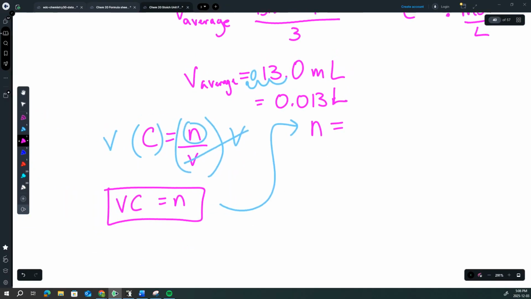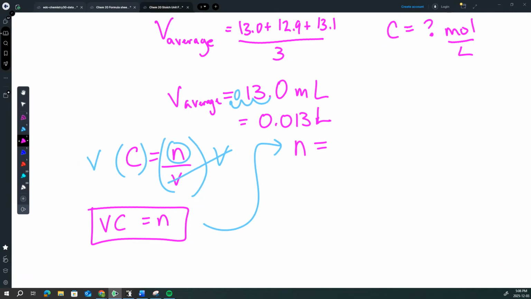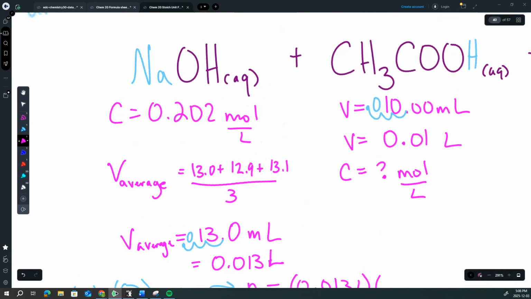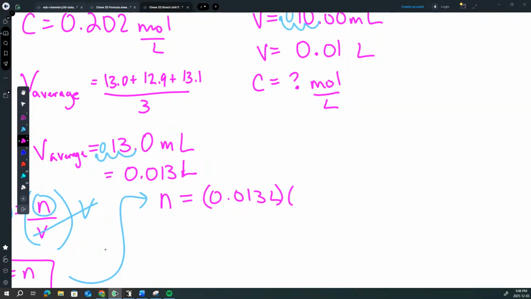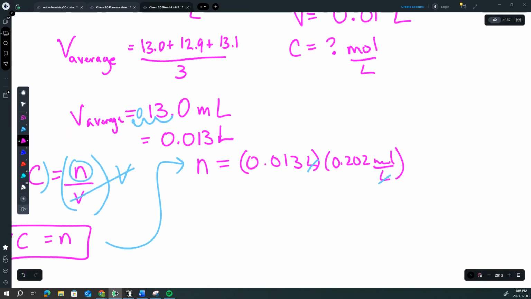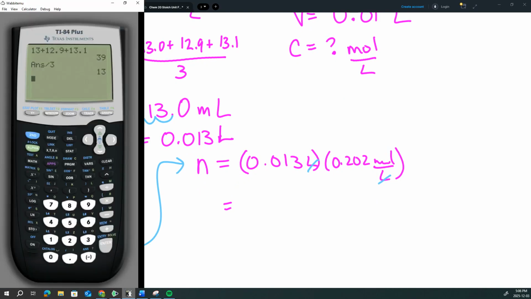All right, so looking at our formula, moles is equal to volume, which is that 0.013 liters, times concentration, which is 0.202. So liters is on the top and the bottom, they cancel out. Now let's put this into our calculator.